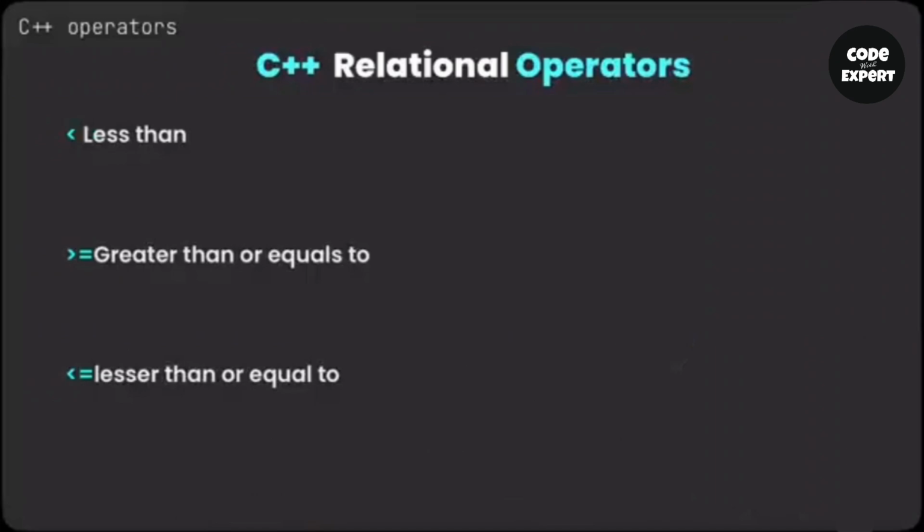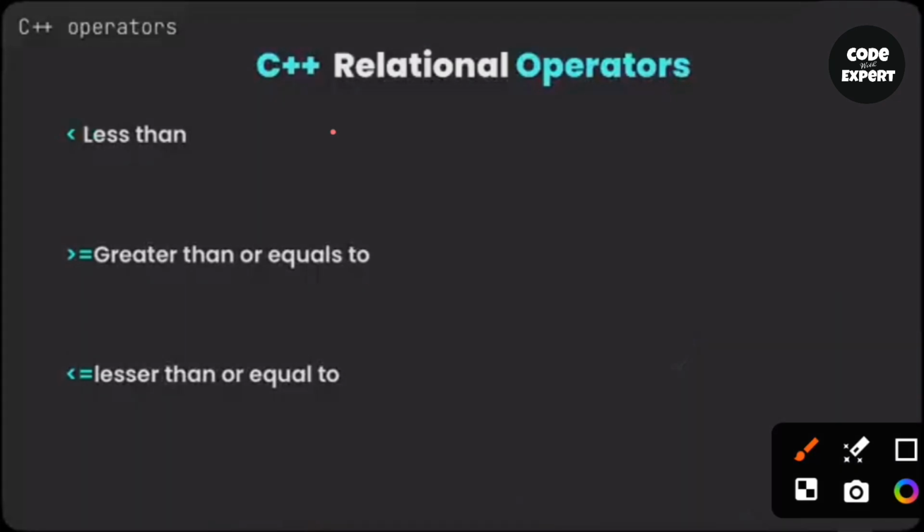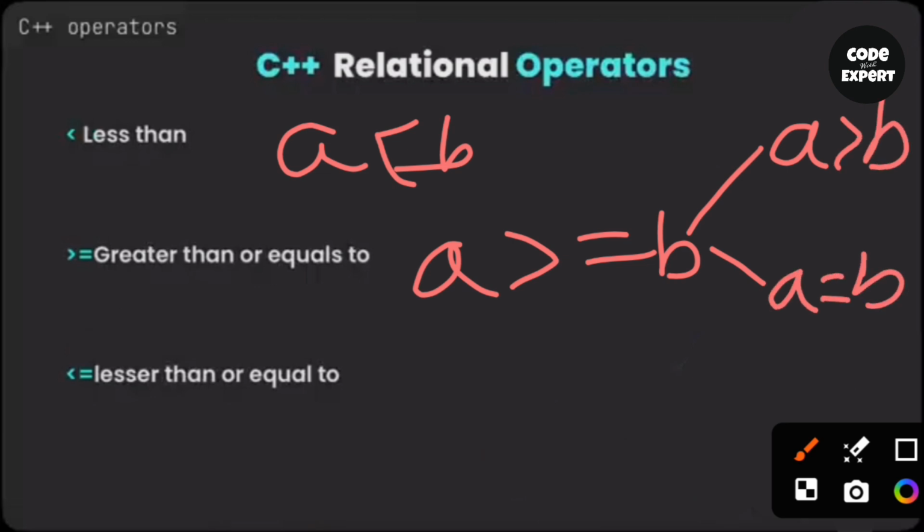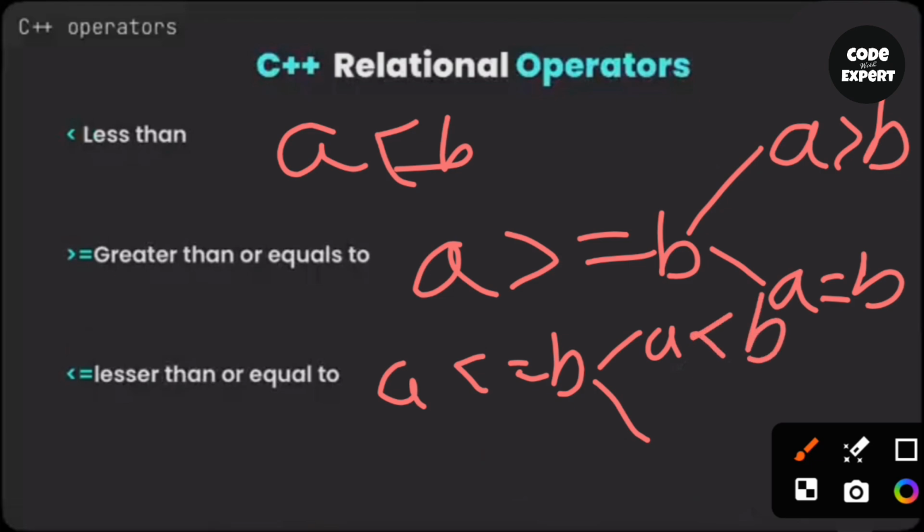For less than we can write a less than b, and if we write a greater than or equal to b, it covers two situations, that a is greater than b or a is equal to b. Similarly, a less than or equal to b also covers two situations, if a is less than b or a equals b.